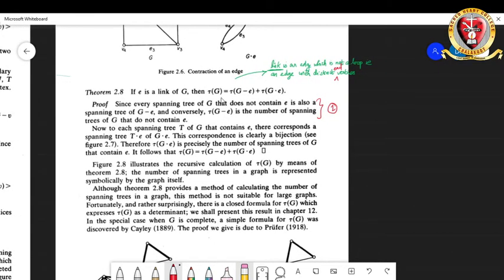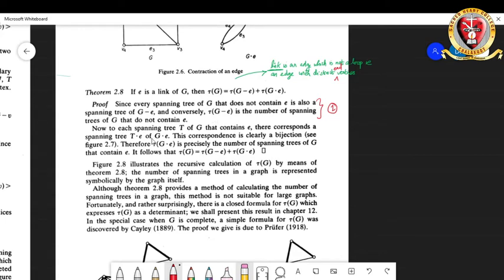So the number of spanning trees of G can be split into two: the number of spanning trees in G which do not have the edge E, and the number of spanning trees of G which have the edge E. The first section is obtained as tau of G minus E.